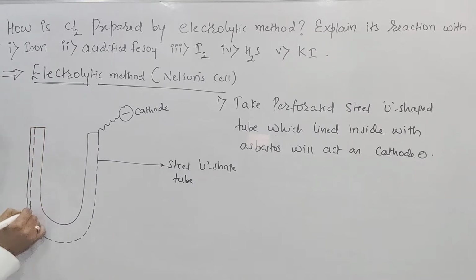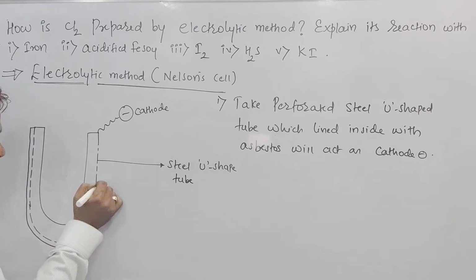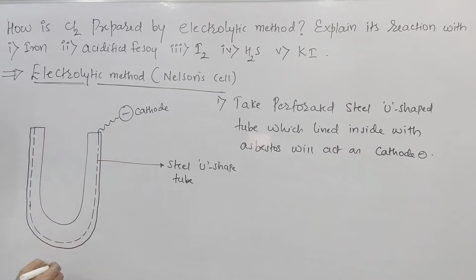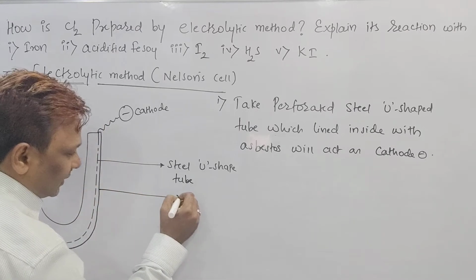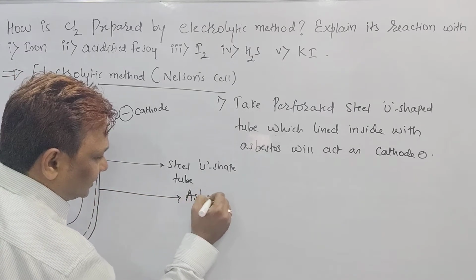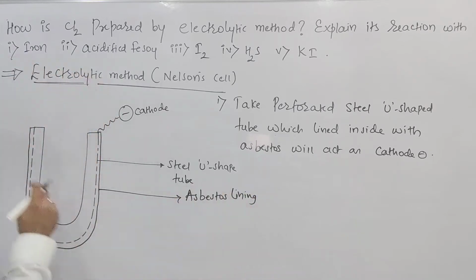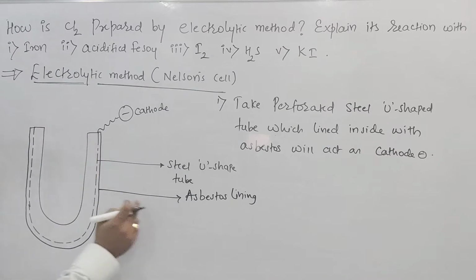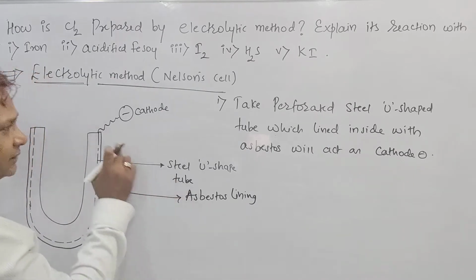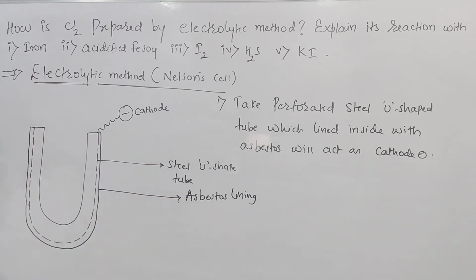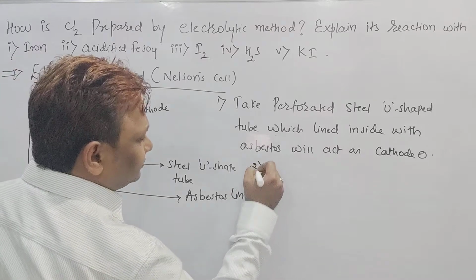This is the lining of the asbestos. So you have to say: take a steel U-shaped tube which is lined inside with asbestos, and it will act as a cathode. First point over.